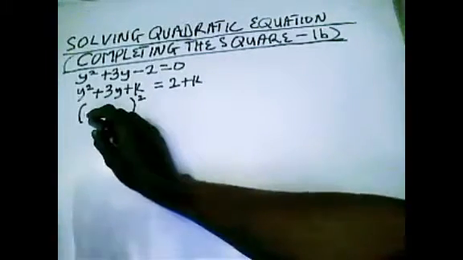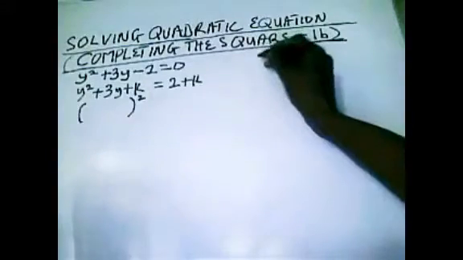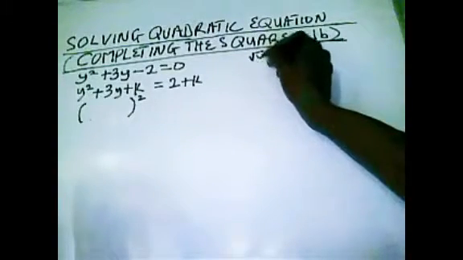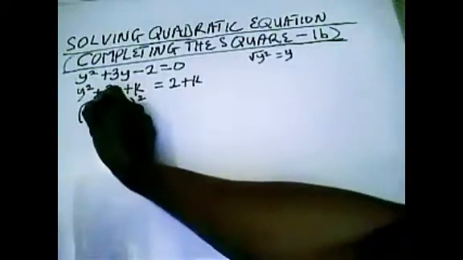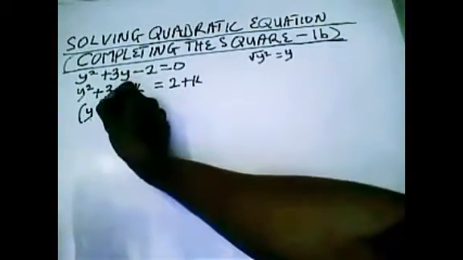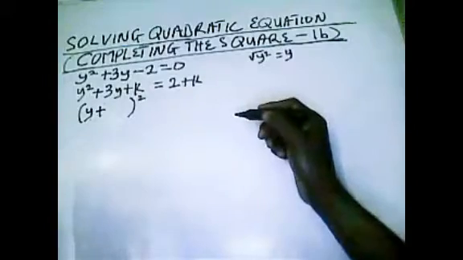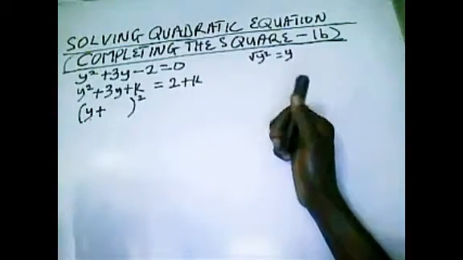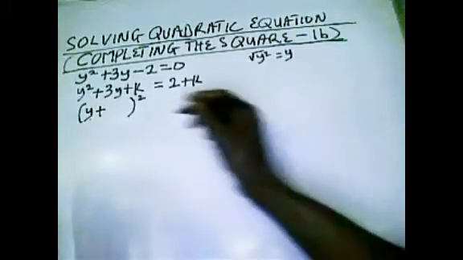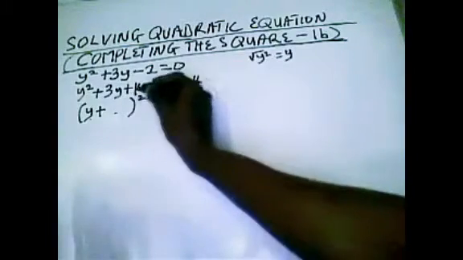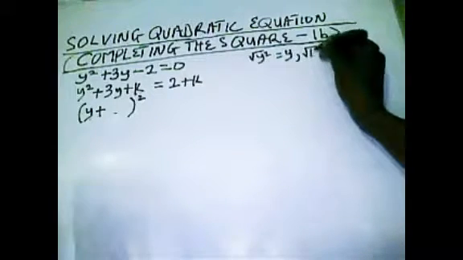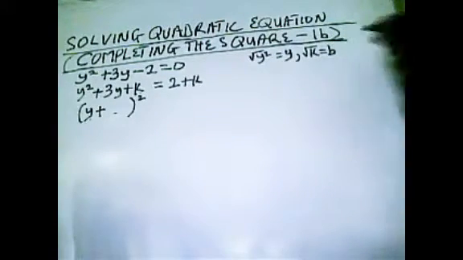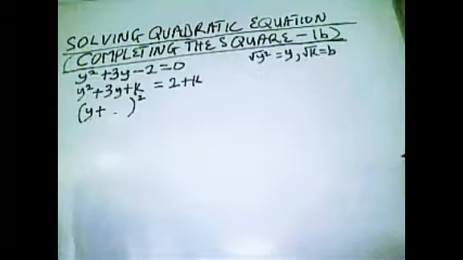What comes in the first term? Don't forget, we take the square root of y squared, and that will give us y. So here we write y and introduce the positive sign of the middle term. Now at this point, how do we get this value here? It comes from the last term. If we take the square root of k, we do not know what it is going to give us, so we say b.